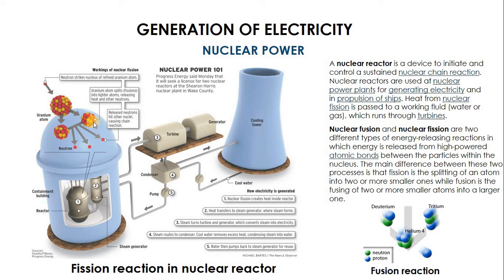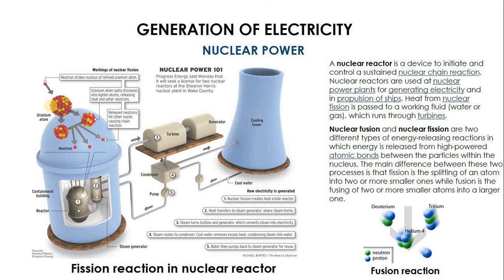Each of these breakages will produce 3 neutrons. So we are going to have 1, 2, 3, and that will make it 1, 2, 3. That's going to have 9 more neutrons released. And each of these 9 neutrons that have been released is going to perform the same function of further breaking atoms, and the reaction continues like that.